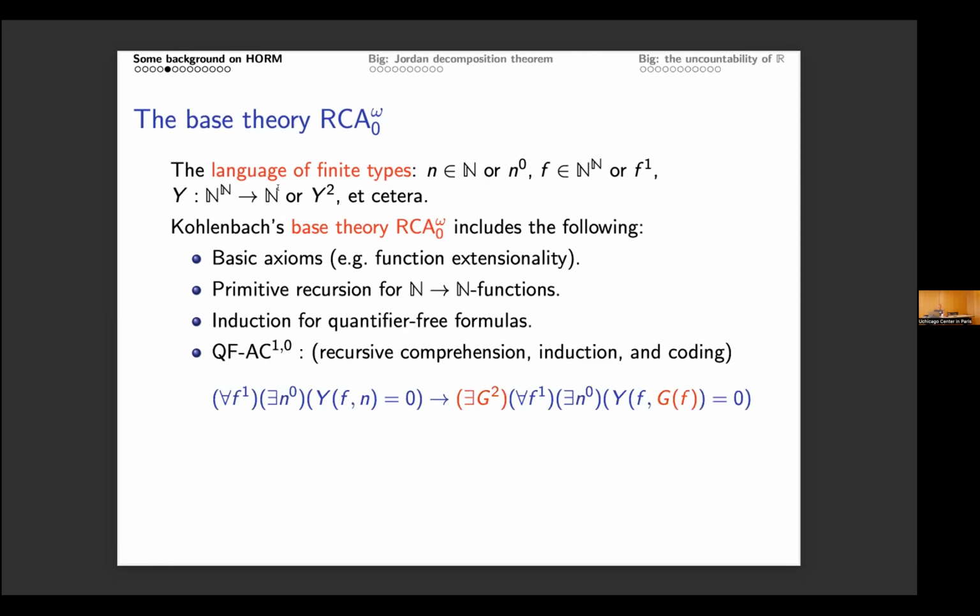And this gives you delta 0, 1 comprehension. It gives you sigma 0, 1 induction. And it gives you coding. What do I mean coding? Third order objects are represented in second order reverse math. And the statement, the following set codes a function from reals to reals, or say from Baire space to Baire space.